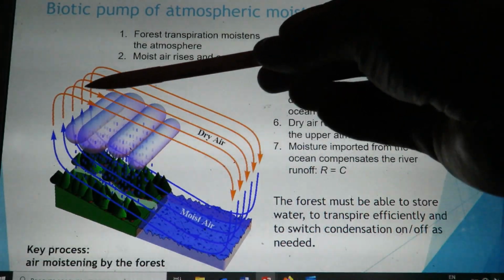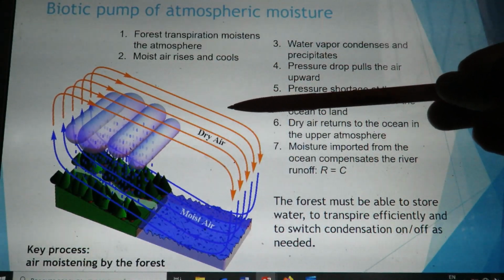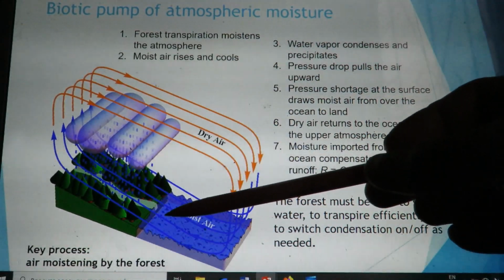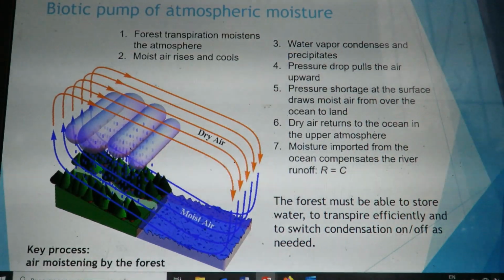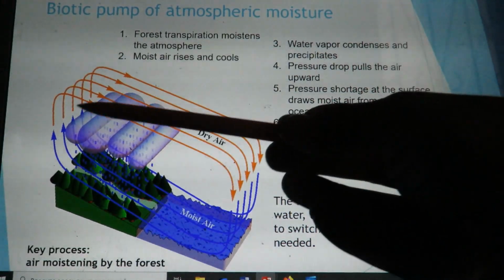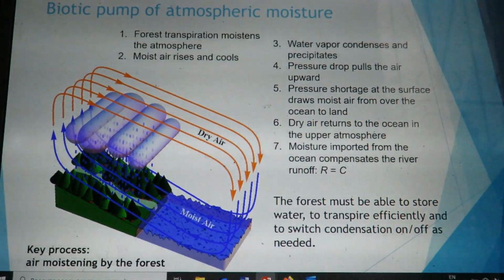And the dry air after condensation descends over the ocean, and so the cycle of this water cycle, atmospheric dynamics, is completed. What is crucial here is that condensation is predominantly located over land, and this is achieved due to the fact that the forest continuously keeps the atmosphere moist.